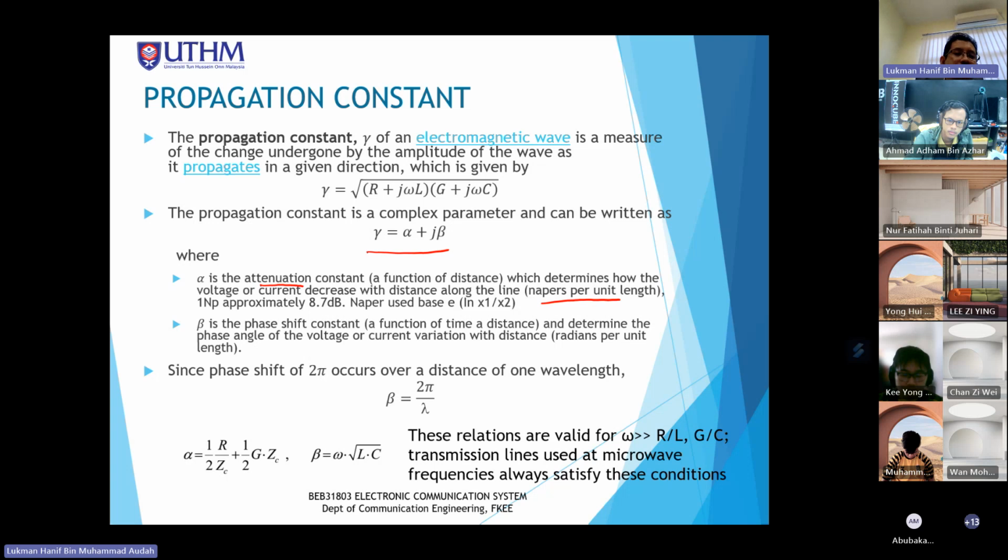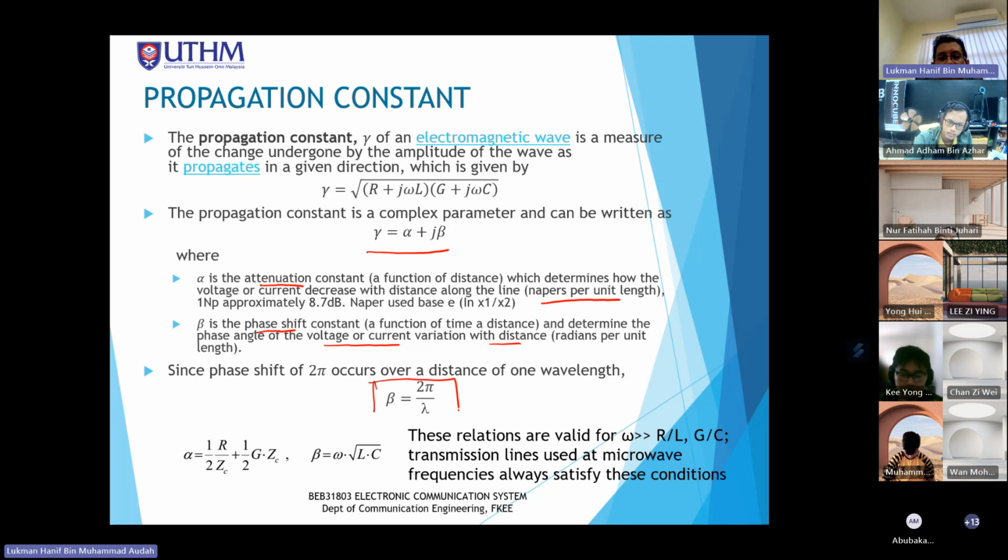Another one is beta, the phase shift constant. It is a function of distance and determines the phase angle of the voltage or current variation with distance when it travels through the transmission line. The phase shift parameter beta is equal to 2 pi over lambda.